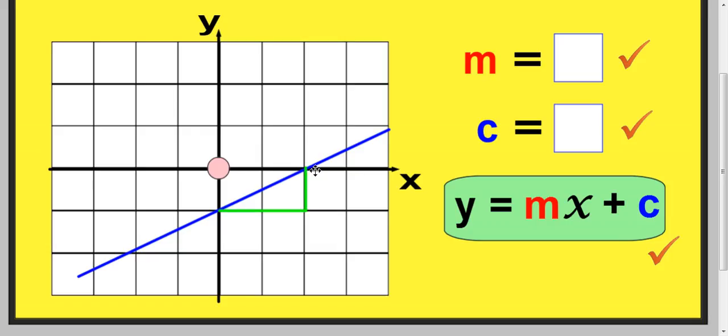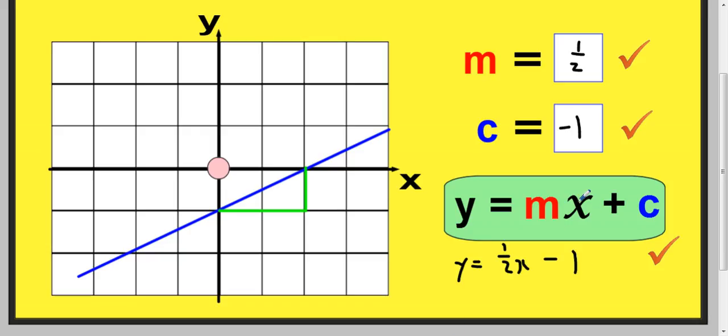Now this time rise over run is 1 over 2, so the gradient's 1 over 2, which is a half. Here's the intercept now, which is down 1 box, so that's minus 1. So your equation is y equals a half x take away 1.